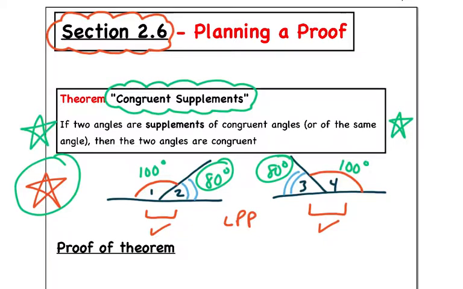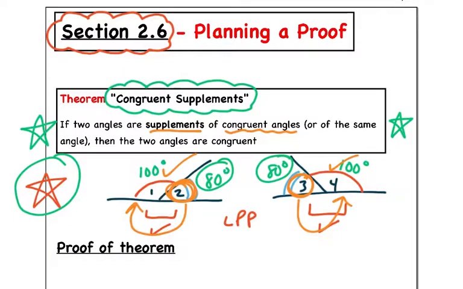Look what it says. It says, if two angles are supplements of congruent angles, so meaning, like we said, if angle 2 and angle 3 are supplements of two congruent angles, that's what that says.